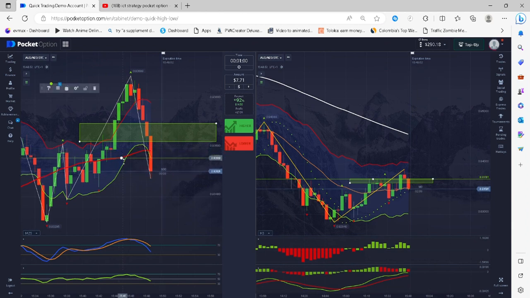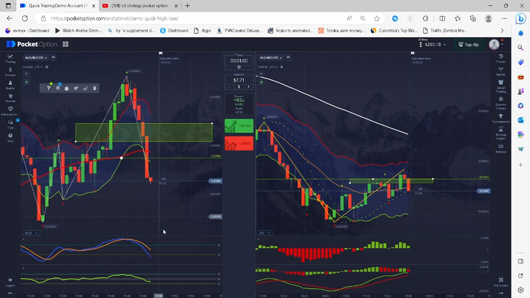Okay, this line. If the market closed below this line, then you're probably looking for a possible sell. Or the green candle has to be bigger than this. Now, for our buying scenario, as you can see, this fair value gap was totally annihilated.